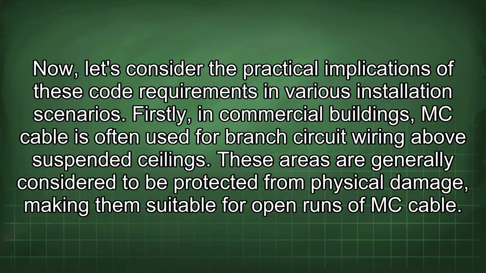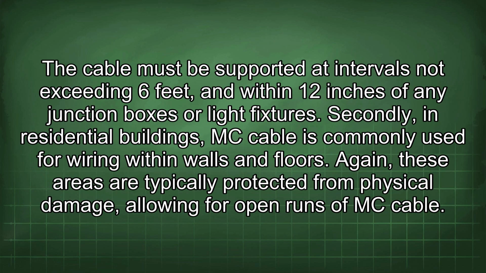Firstly, in commercial buildings, MC cable is often used for branch circuit wiring above suspended ceilings. These areas are generally considered to be protected from physical damage, making them suitable for open runs of MC cable. The cable must be supported at intervals not exceeding 6 feet and within 12 inches of any junction boxes or light fixtures.